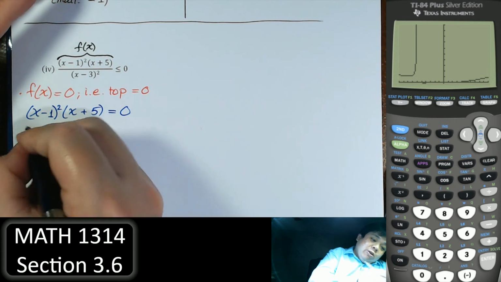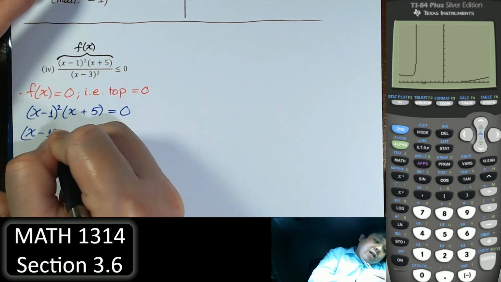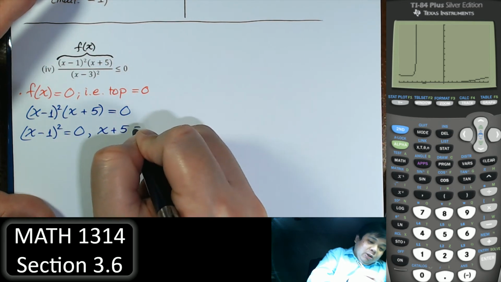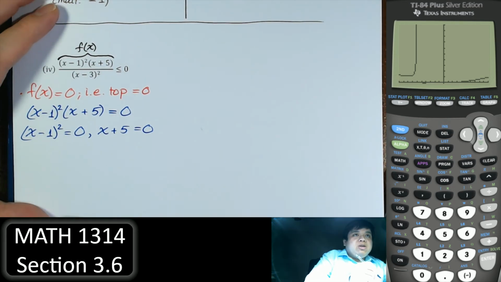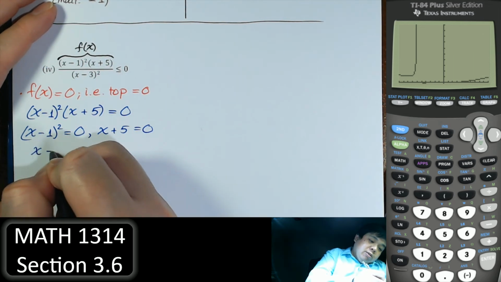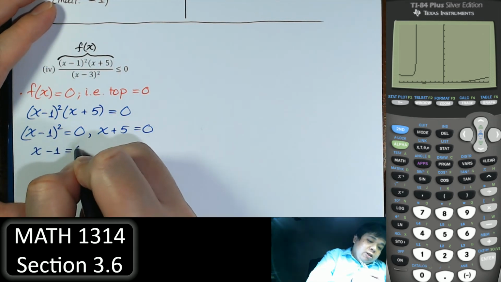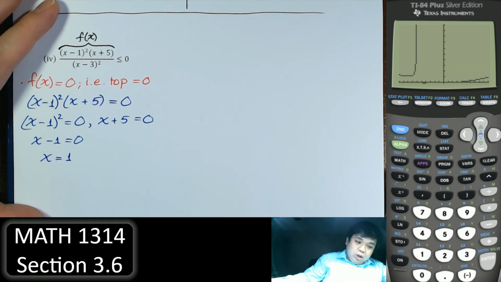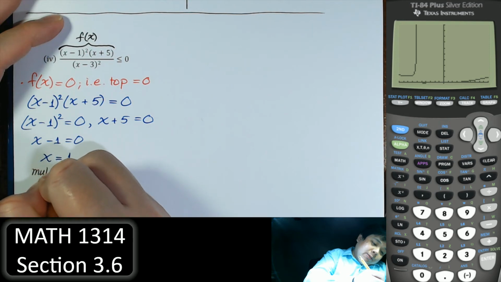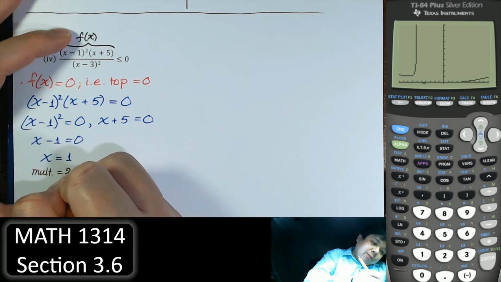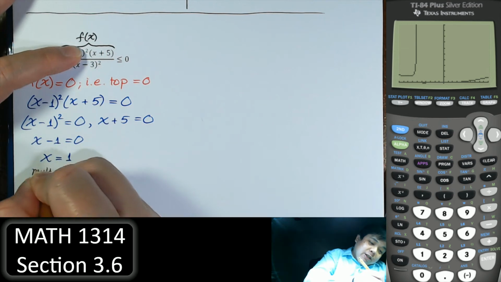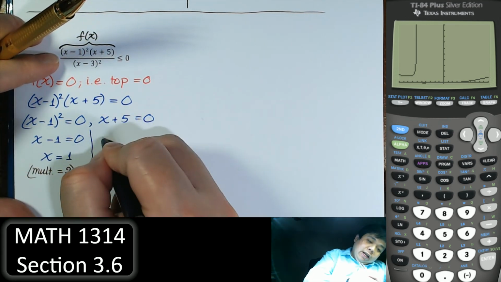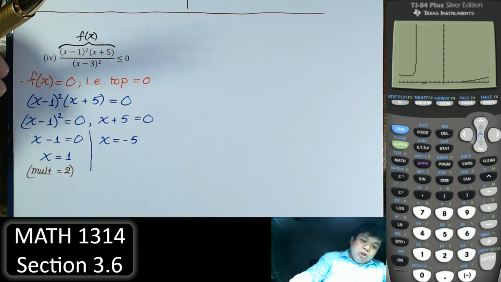So top equal to 0: x minus 1 squared equal to 0, x plus 5 equal to 0. So x minus 1 equal to 0, so x equal to 1, multiplicity of 2, because of that power of 2. Here we have x equal to -5, multiplicity of 1.